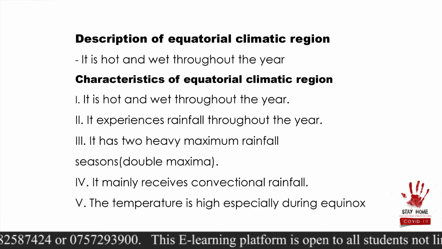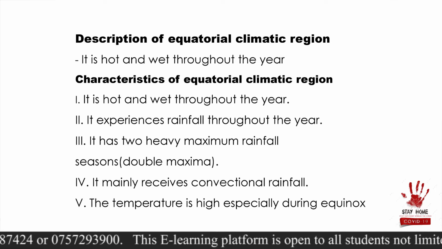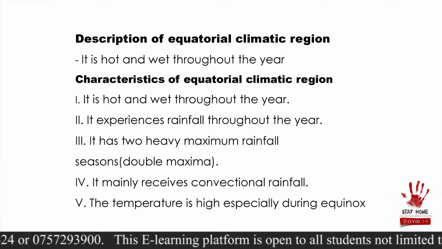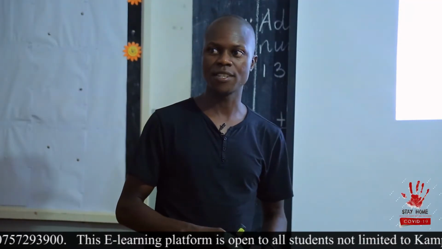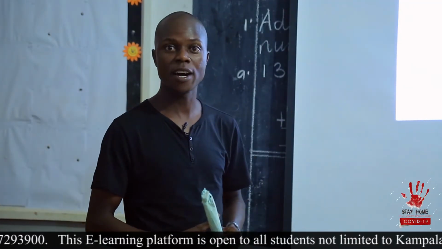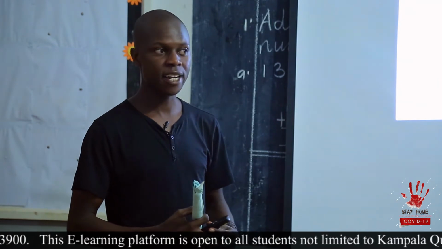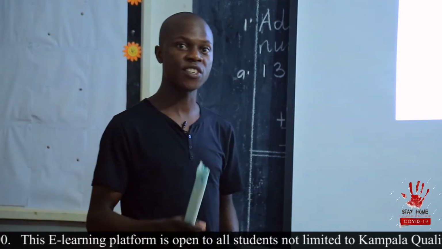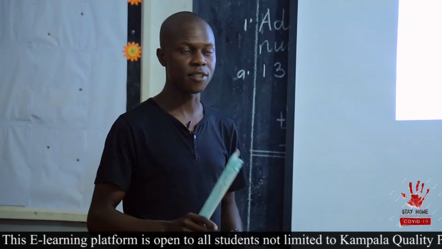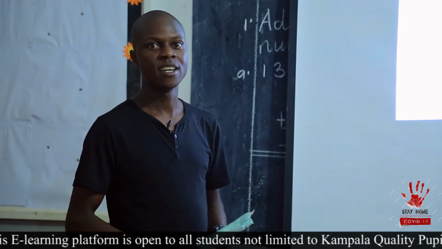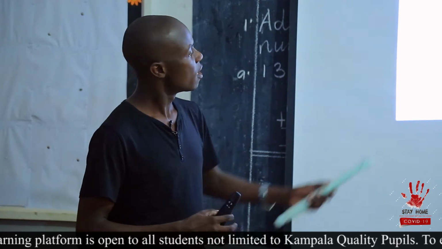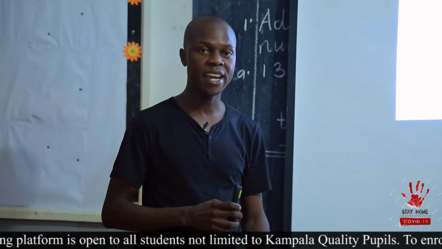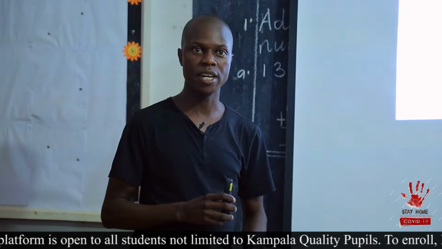Then the temperature is high, especially during equinox. Do you still remember what equinox is? Who can tell us what the term equinox means? Equinox is the period when the sun is overhead the equator. During that period, the temperatures are very high in an equatorial climatic region.